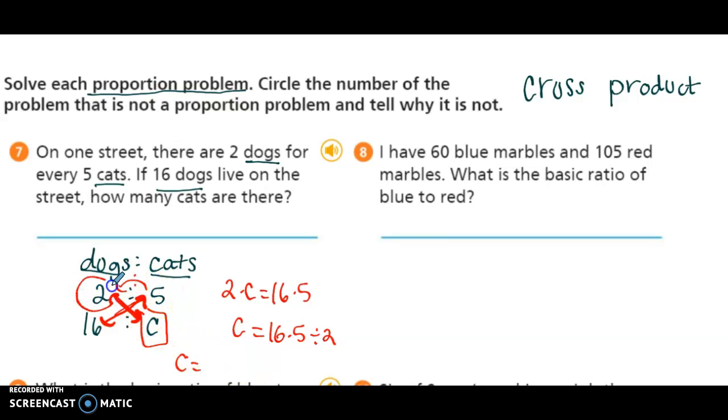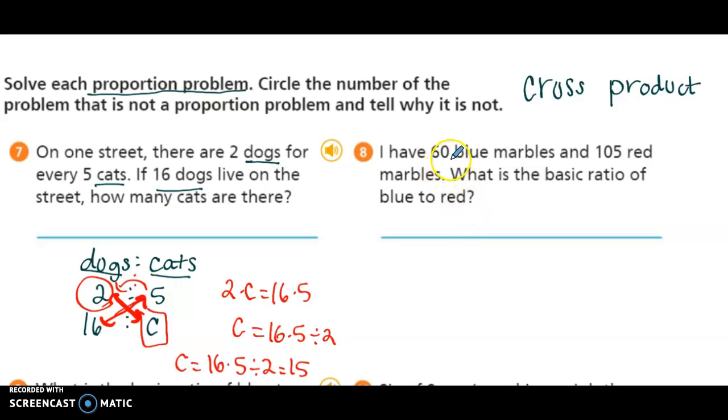This lonely 2, he doesn't have a factor pair to go with it to multiply. He's got the unknown, or she's got the unknown value. So once you set it up, you grab your calculator, multiply your cross products, enter in 16 times 5, do not hit equals, and then hit the division key, divide by 2 for your answer of 15.